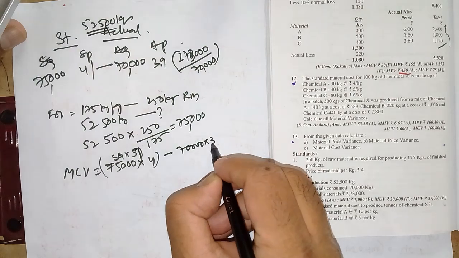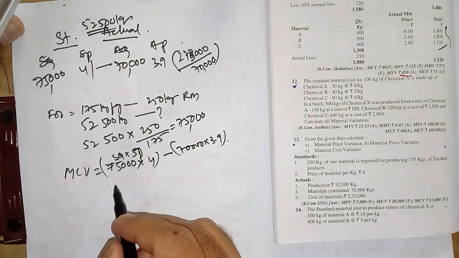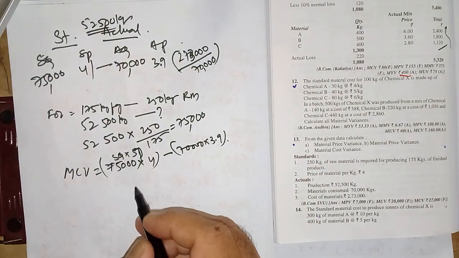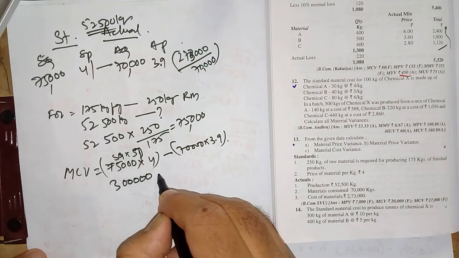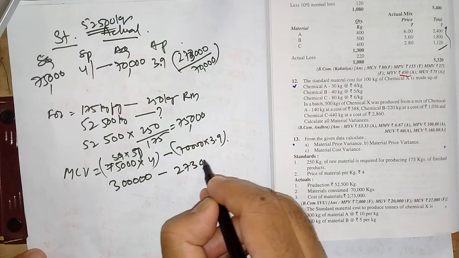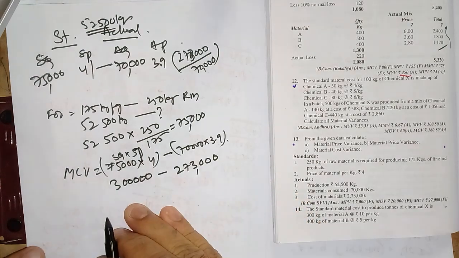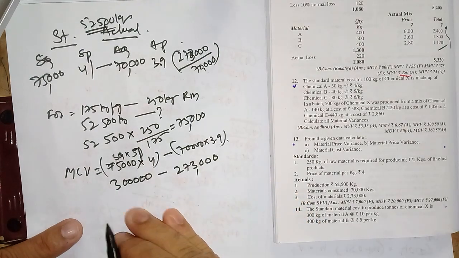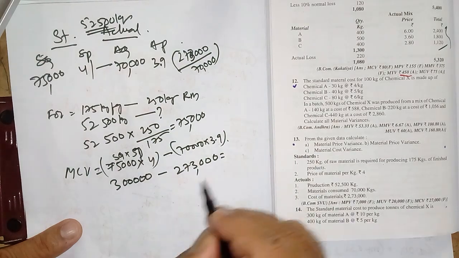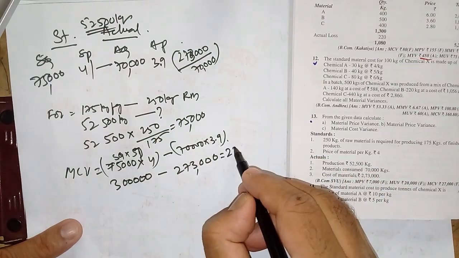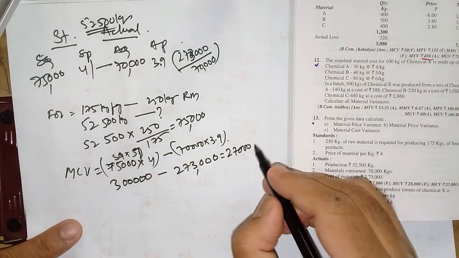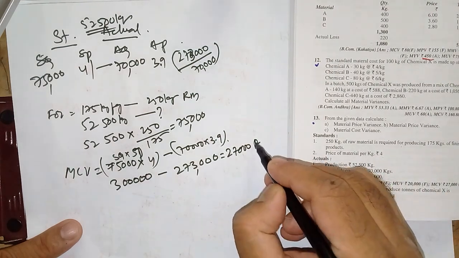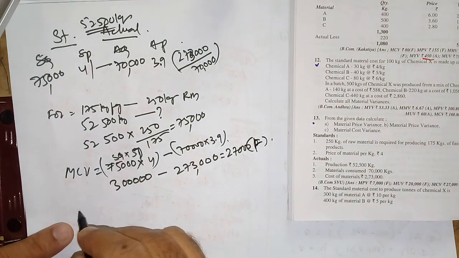70,000 into 3.9, right? 75,000 into 4 is equal to 3 lakhs minus 2 lakhs 73,000. Therefore 27,000 favorable.